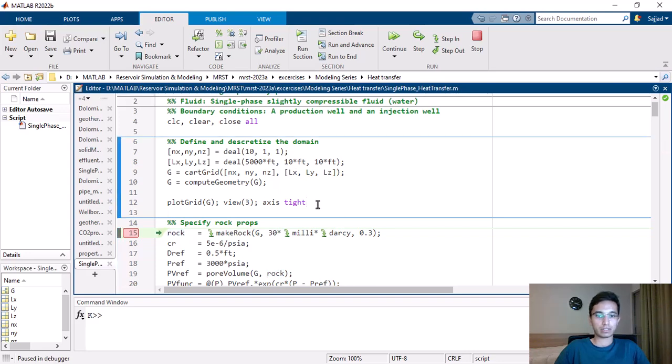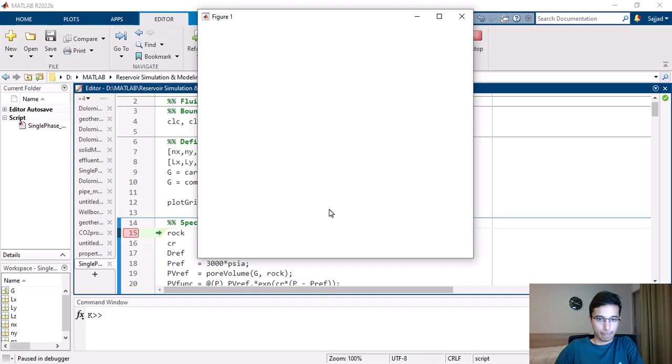So if I want to take a look at the domain with real lengths, I should write axis equal like this, to make sure that the lengths are real.